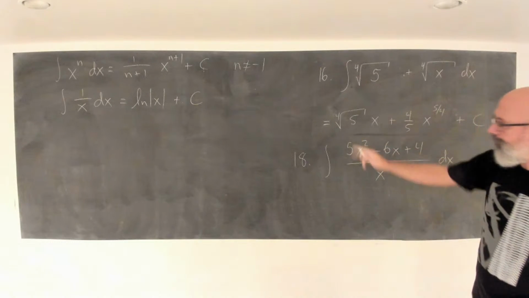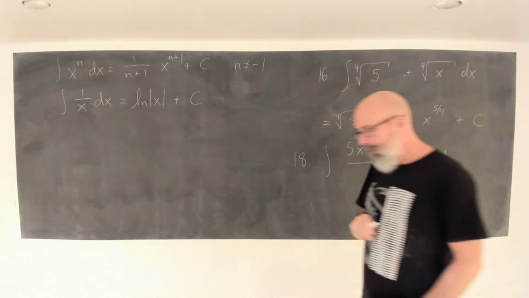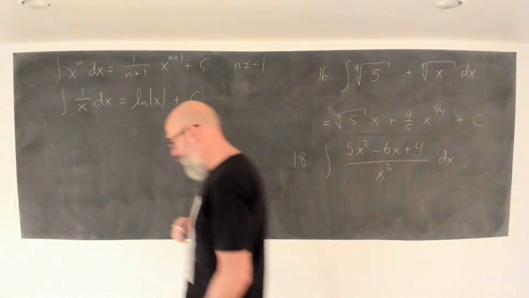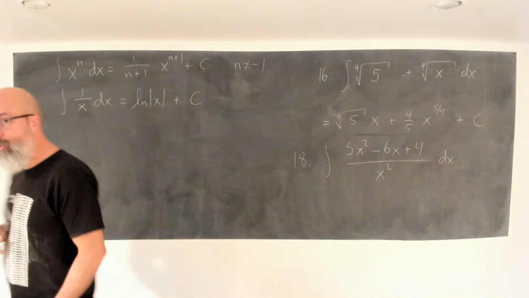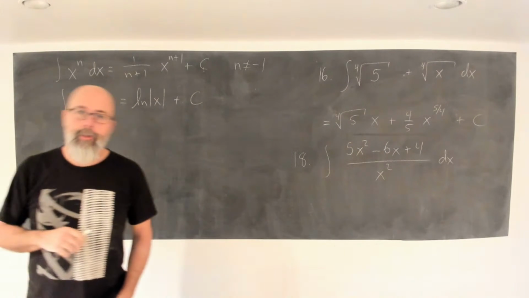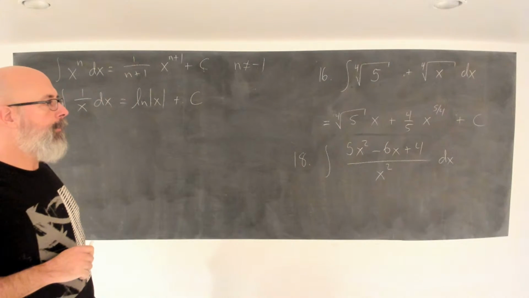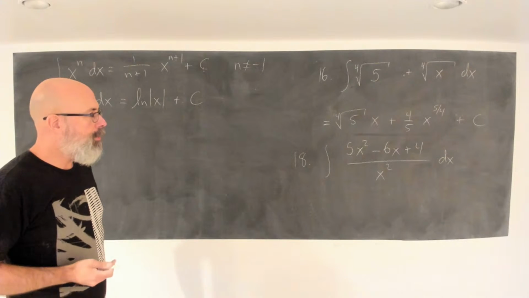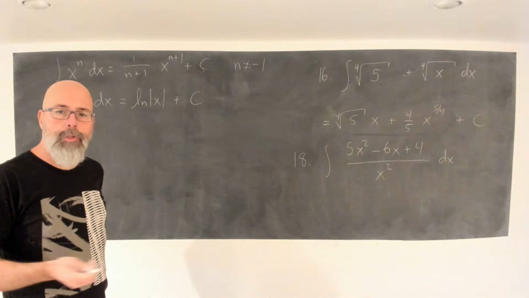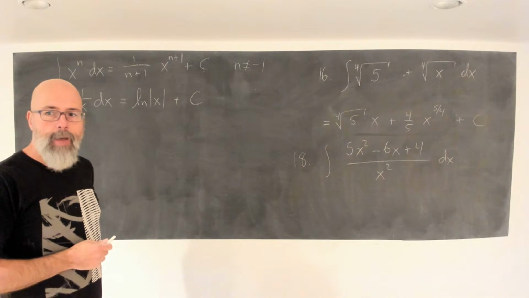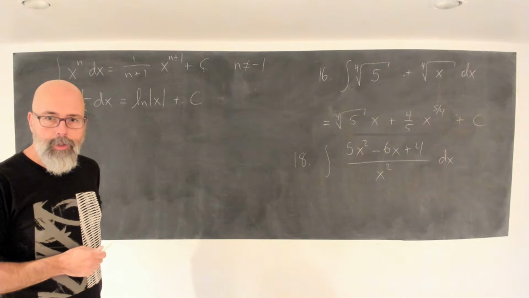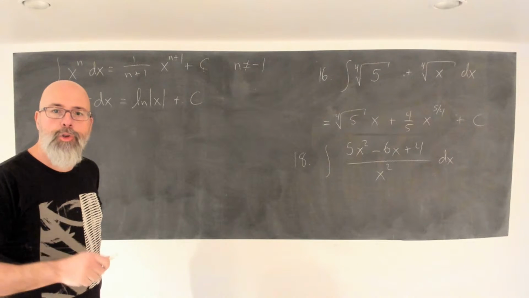Here, the point is that you don't want to be making up your own rules for antiderivatives, right? You look at this and you're thinking to yourself, I have a quotient, so perhaps some sort of quotient rule is to be applied. It is not.